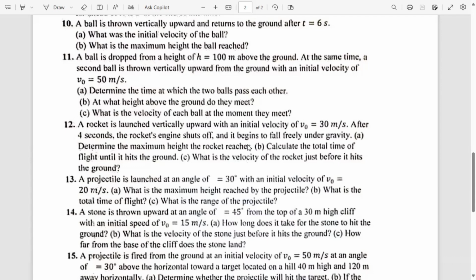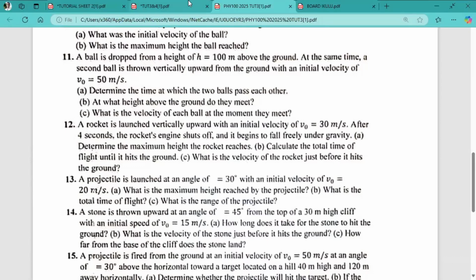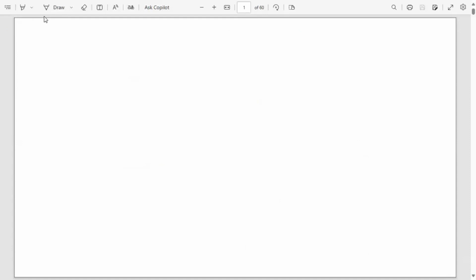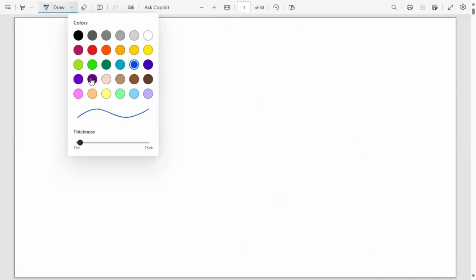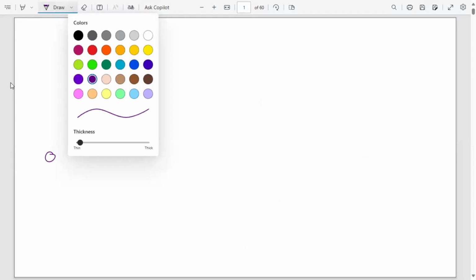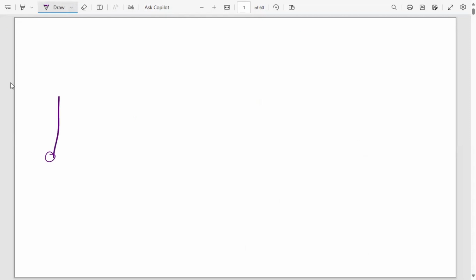Okay, so we've only been given time here. We've been given the time it took this ball to go up and come back down was 6 seconds. So if a ball is thrown in that manner, it goes to the sky and then comes back again at the same point.